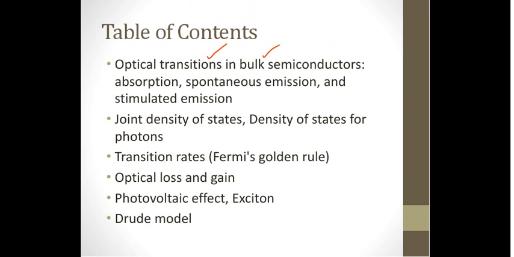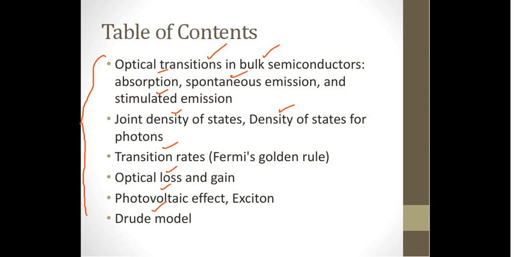It includes absorption, spontaneous emission, and stimulated emission, as in the laser, the same kind of thing we are going to see here. In addition, joint density of states, density of states for photons, transition rates including Fermi's golden rule, optical loss and gain, photovoltaic effect, exciton, and finally the Drude model. These are the things we are going to study in detail.